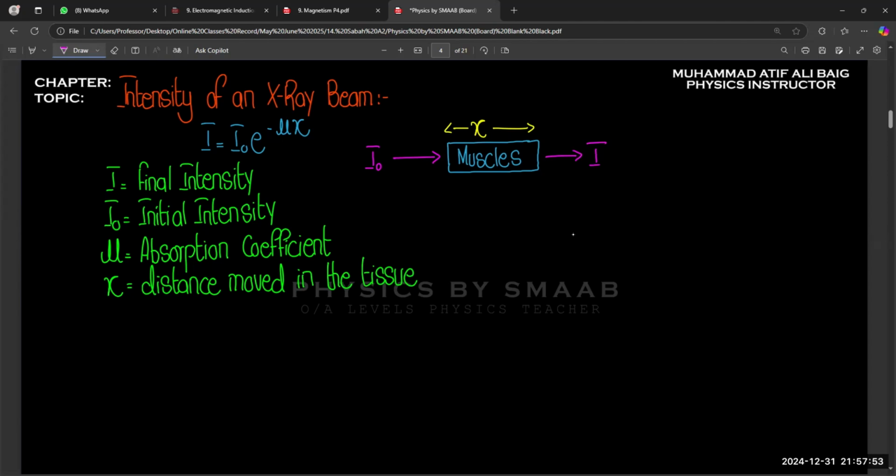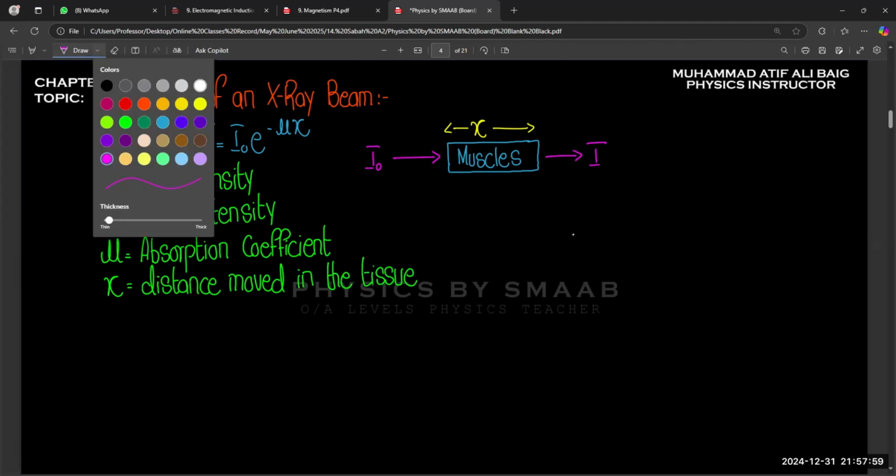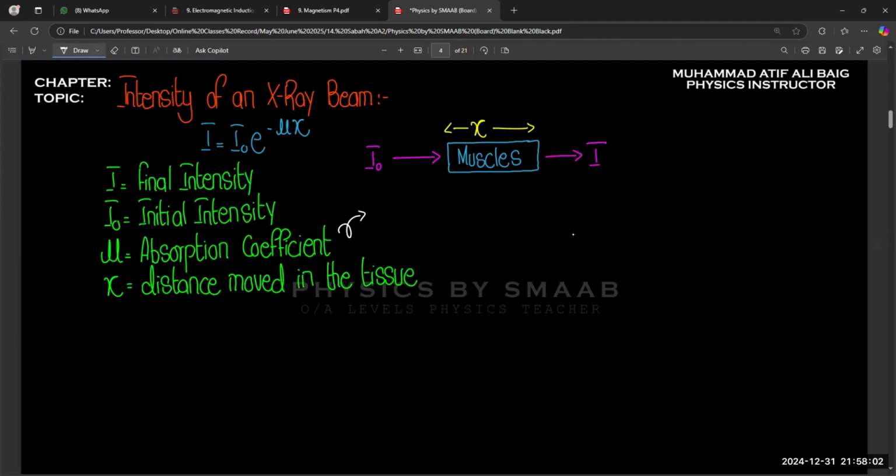If we talk about this mu symbol, in simple words it is called the absorption coefficient.